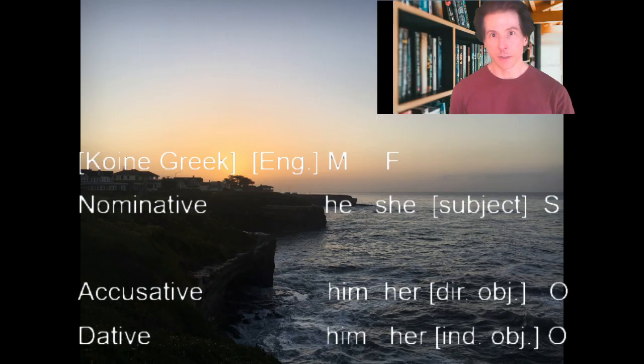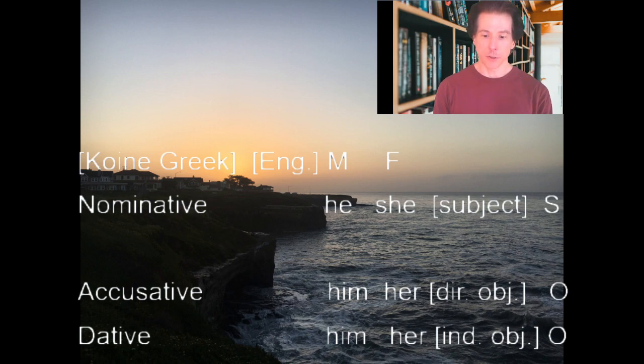So whereas in English, you've only got one form that's going to cover both of those. In other words, if you have the direct object of a sentence, it's going to be him, but if it's the indirect object, it'll also be him. Well, Greek is going to have two different forms that way.